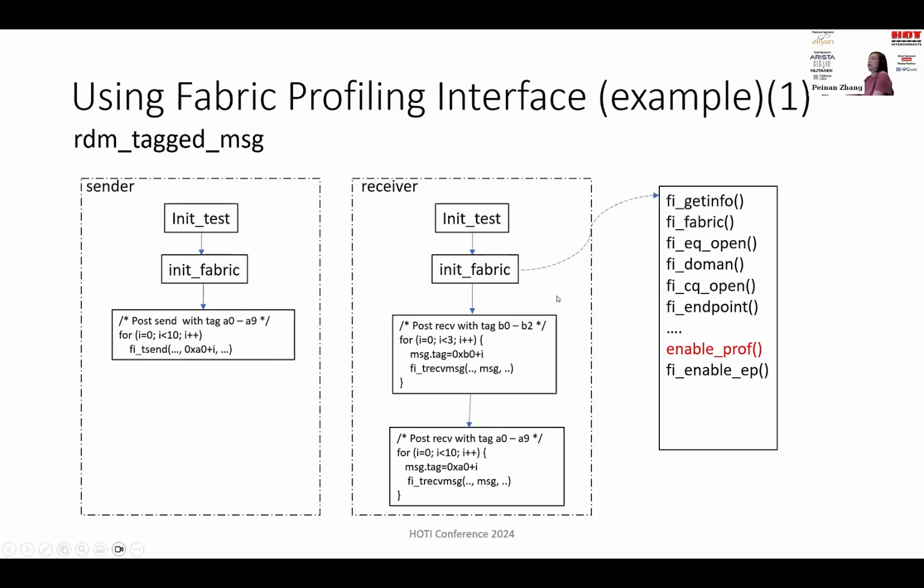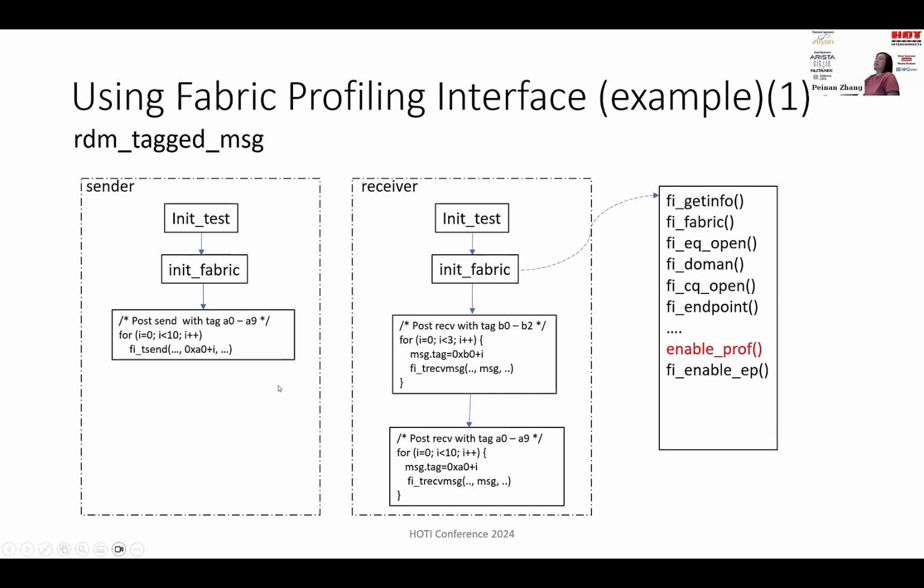While the receiving side will post three receive requests with tags B0, B1, B2, and then post ten receive requests for the tags A0 to A9.